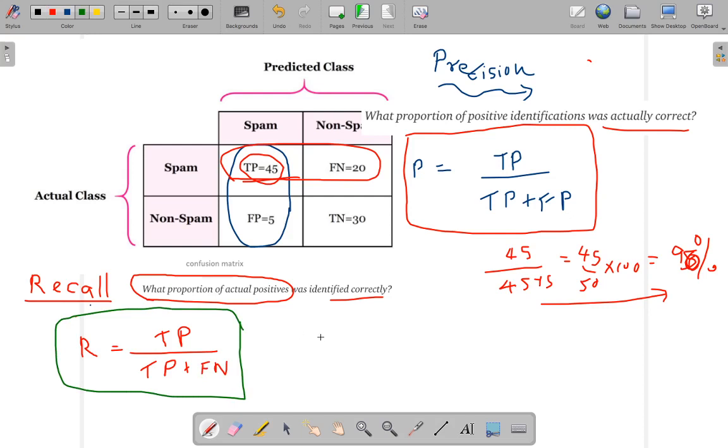If you calculate this, true positive again is 45, and true positive plus false negative comes to 45 divided by 65 and 100. I'll use the calculator, and it's 69%. So what does that mean, guys? Out of all positive samples, the spam emails, 69% of them would be correctly classified.